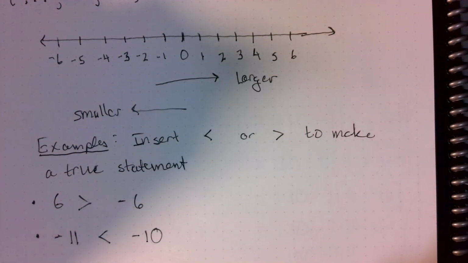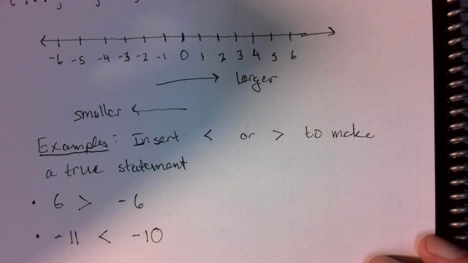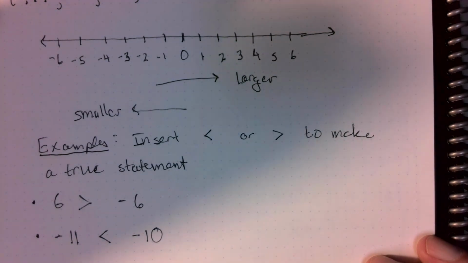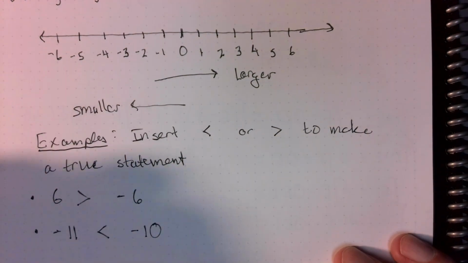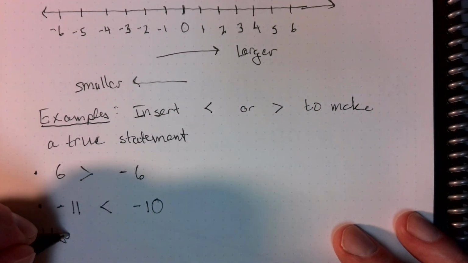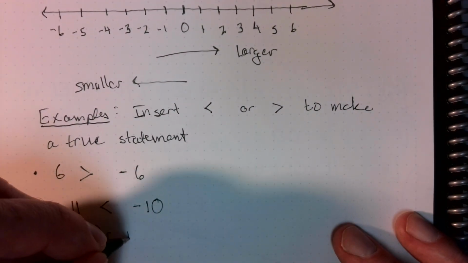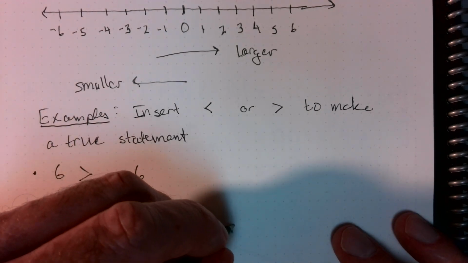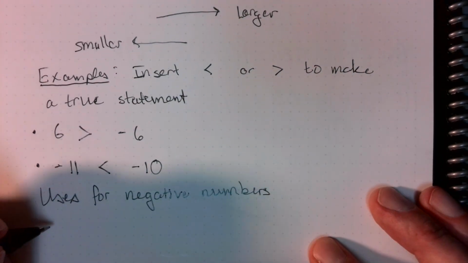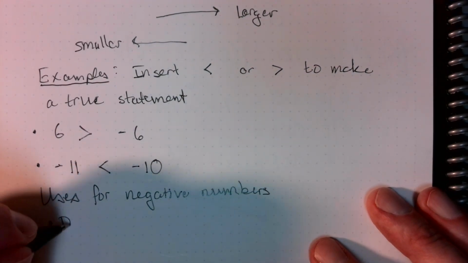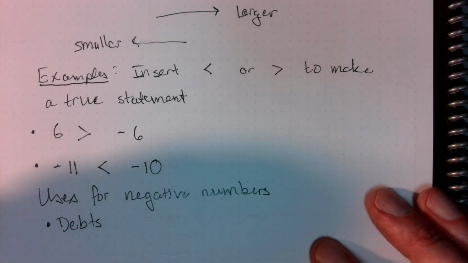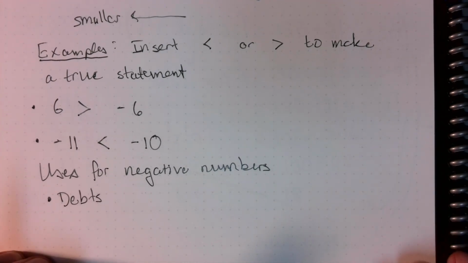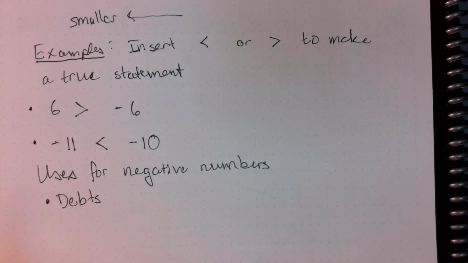So when we extend our domain to the integers, we have introduced these negative numbers. And there are some important uses for negative numbers. Negative numbers can be useful for representing debts. You use your positive numbers to represent assets, and negative numbers to represent your debts or liabilities.